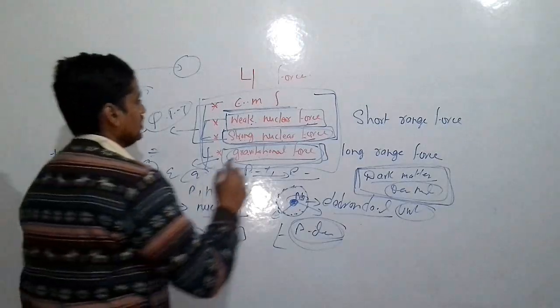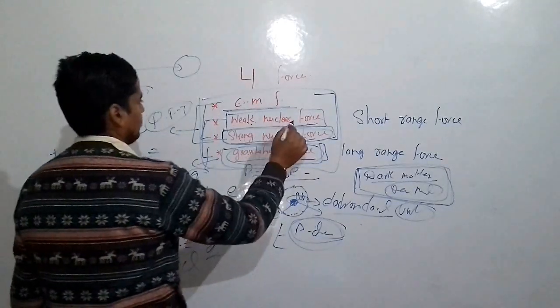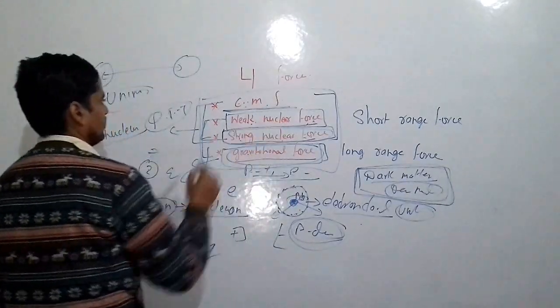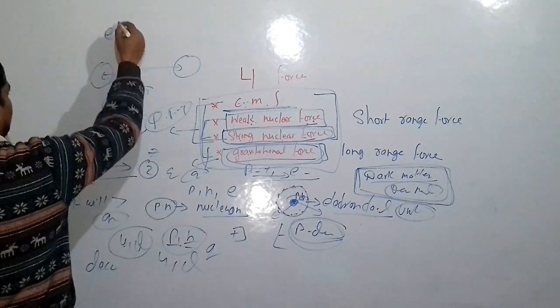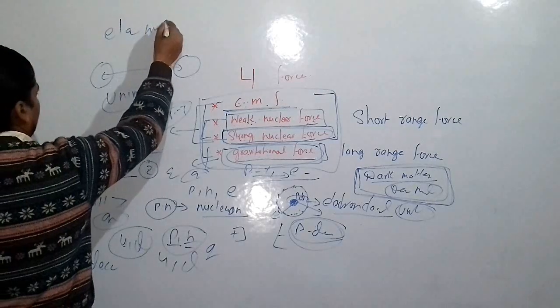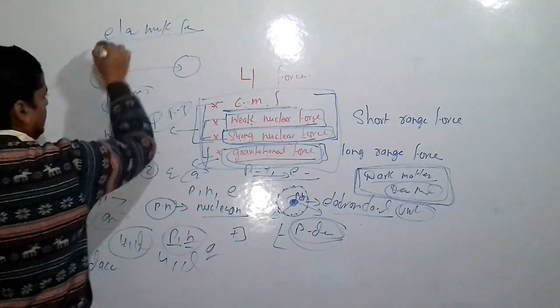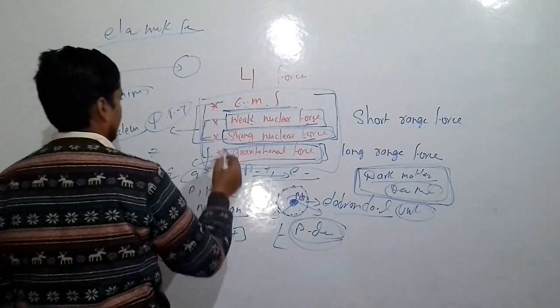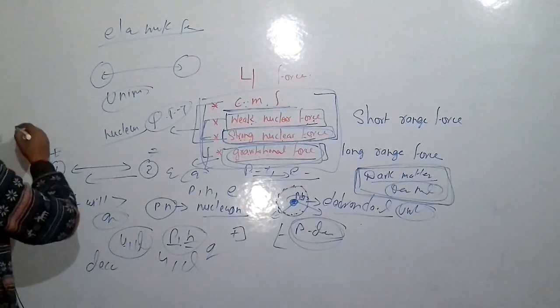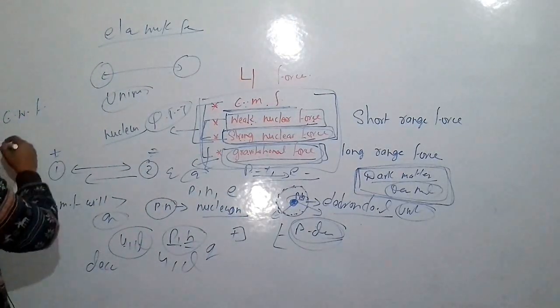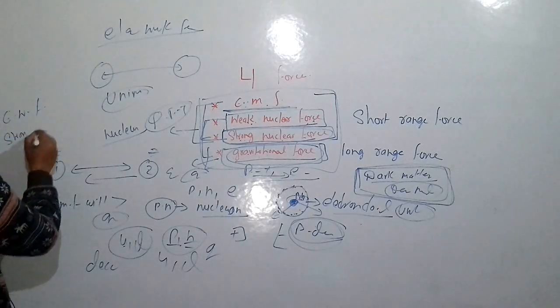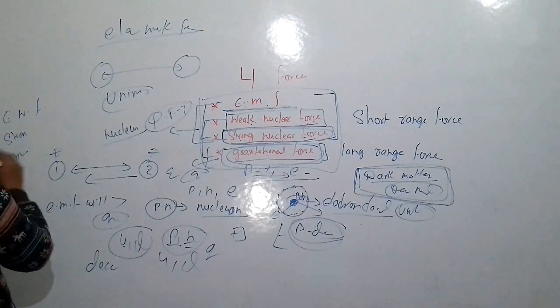And these two forces, weak nuclear force and electromagnetic force, have been combined to form the electro-weak force. So these four forces can be reduced to three fundamental forces: one is the electro-weak force, another is the strong nuclear force, and another is the gravitational force.